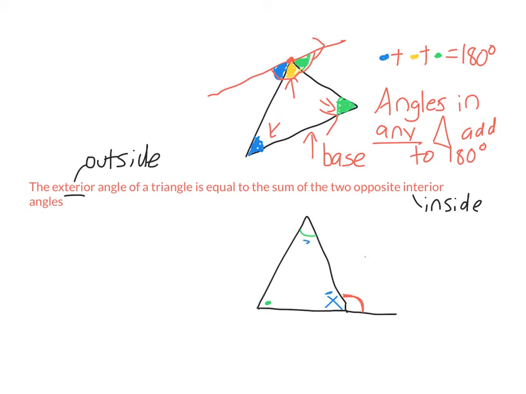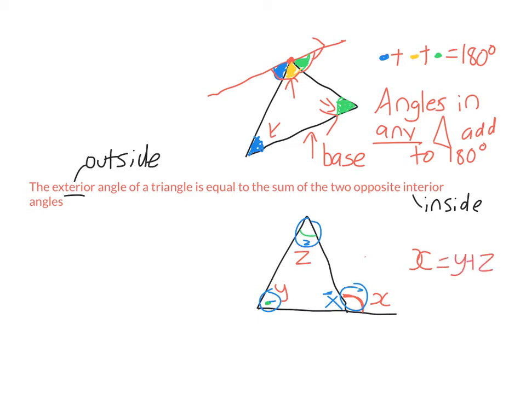This plus this is equal to 180. But the blue plus the red is 180. So this plus this equals this. So if I call this x, y, and z, then x is equal to y plus z.